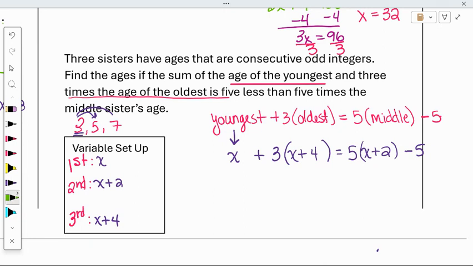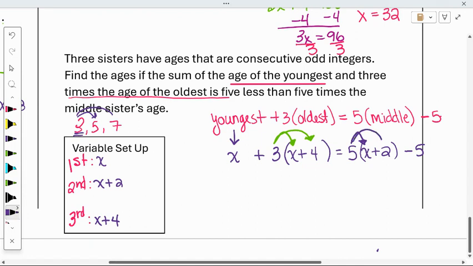Okay, I'm going to draw some arrows. I'm going to have you walk us through the green arrows, the distribution on the left side. And then you feel like you can walk us through the distribution on the right side? The purple arrows. What do you want to do on the left side?